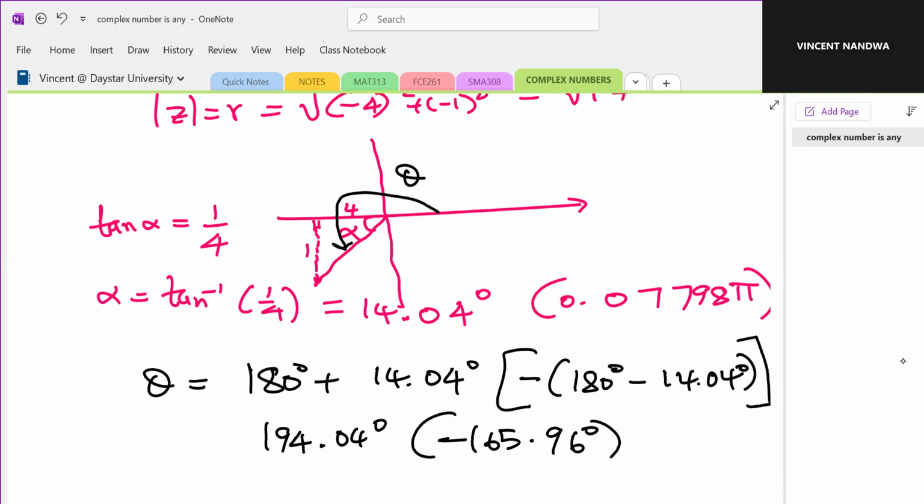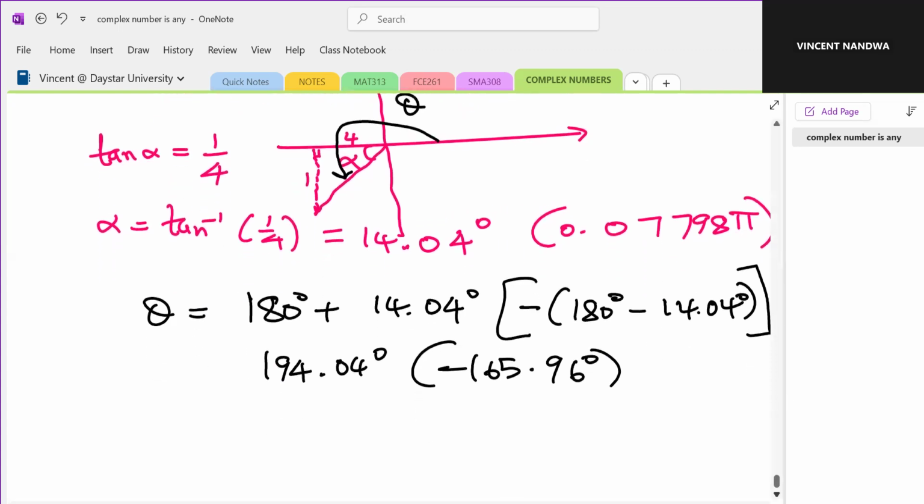So now, having that, you can as well convert this into pi radians, simply dividing each of them by 180.